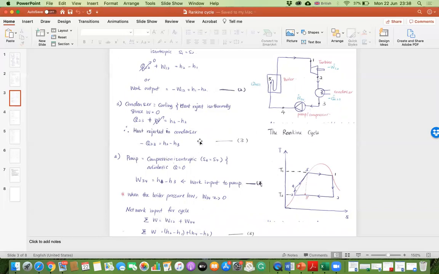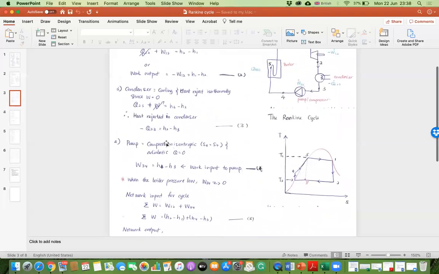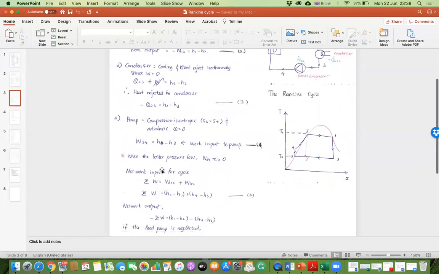Therefore, we have heat rejected by this equation. After that, 3 to 4 is the pump. The pump is isentropic compression, so Q equals 0. So we have work input to the pump. This is the equation, H4 minus H3.